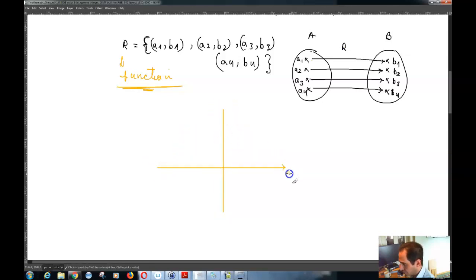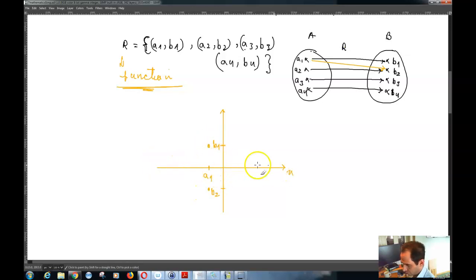You would have your x-axis over here, your y-axis over here, and then, for example, let's say that A1 is this point over here. And if A1 is mapped to B1 and also to B2, let's say that this is B1 and this is, for example, B2. Then A1 is mapped to B1 and also mapped to B2.